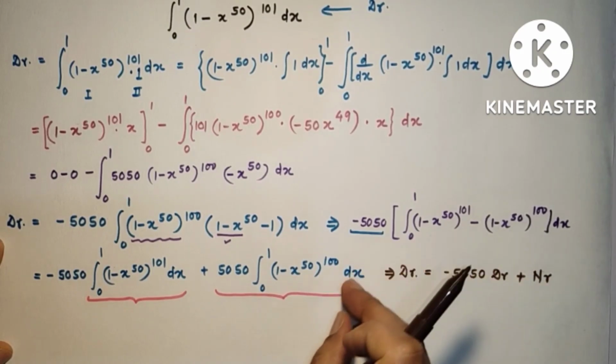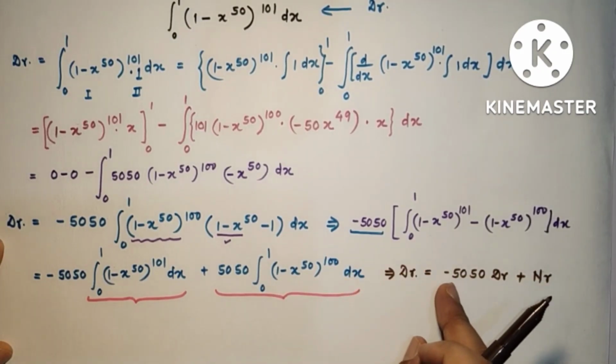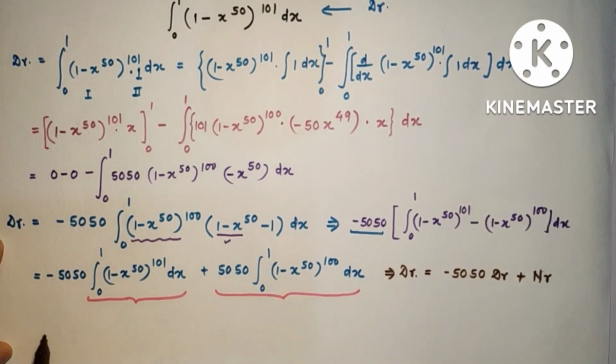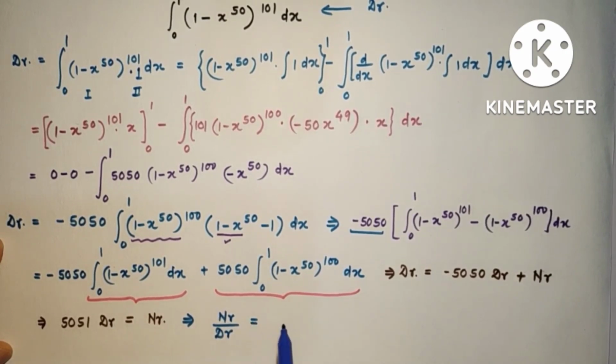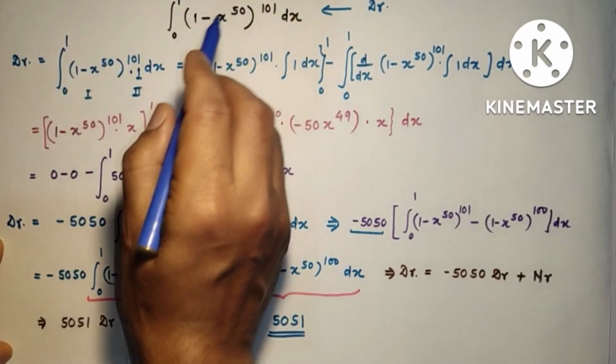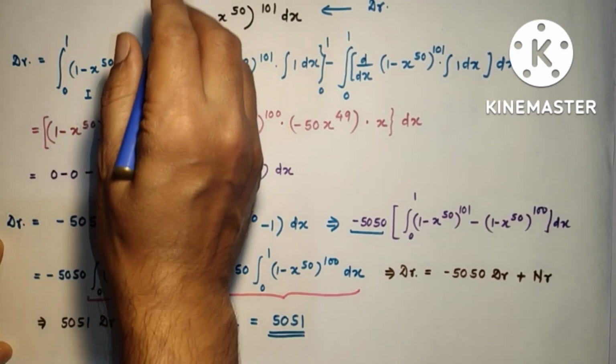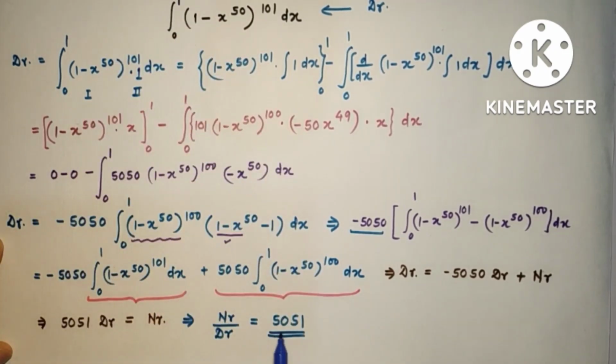If we take it to the left hand side, 1 denominator plus 50, 50 denominator will be finally 51 denominator is equal to numerator. So numerator upon denominator is equal to 50 by 51. So the integral of this upon the integral of this from 0 to 1 will be finally 5051, and this is the answer.